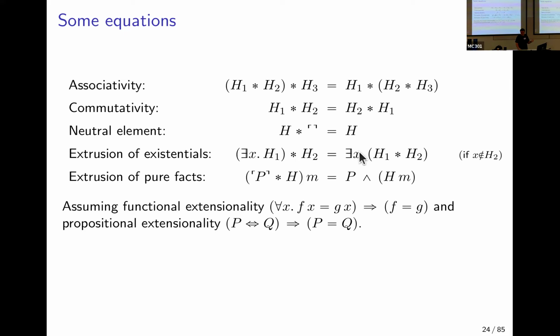You have a law about extrusion of existentials: if you have an exists, you can make the scope bigger as long as X is not in the part that is being absorbed. You can extrude pure facts. And all of that assumes functional extensionality and propositional extensionality.